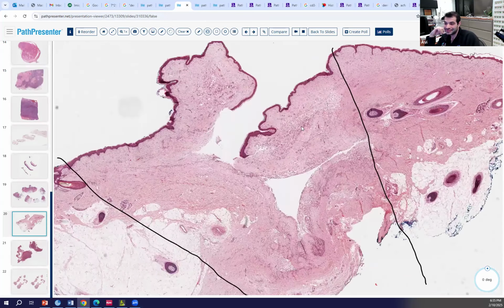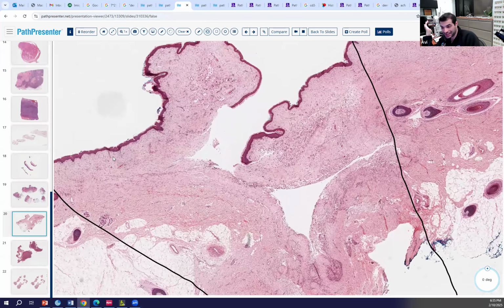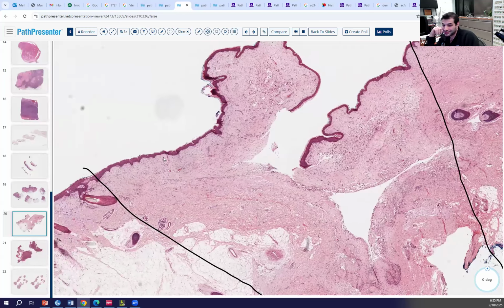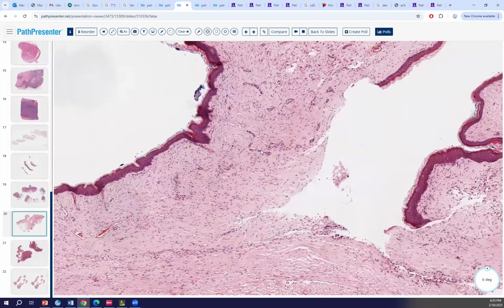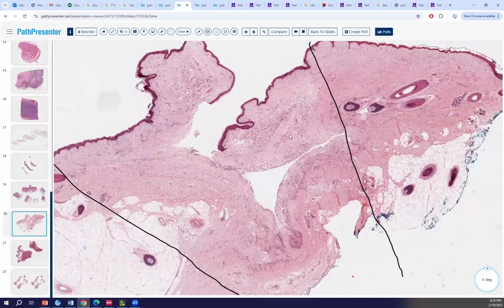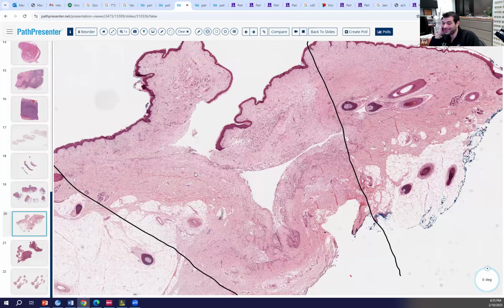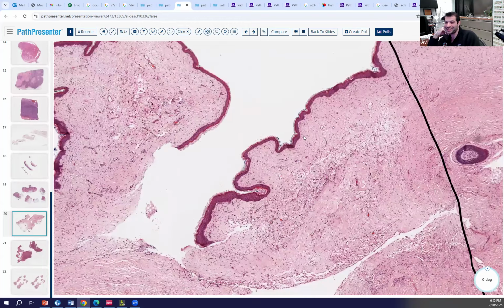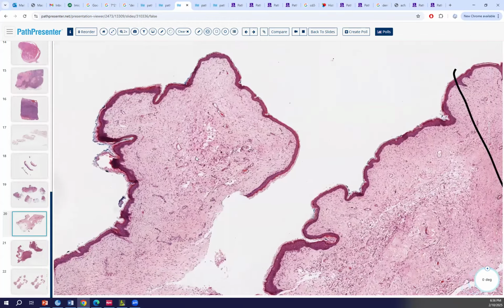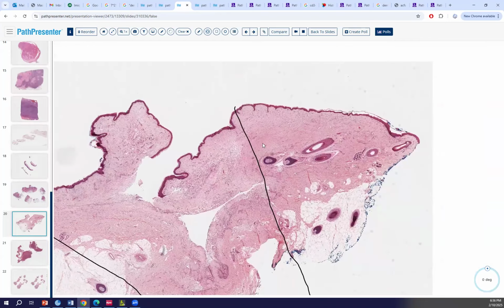When there's no hair, what do we think? I'm thinking hair collar sign. Okay, so it's not a nevus sebaceous, you're already off of that. Hair collar sign makes you think of what? Sometimes aplasia cutis.